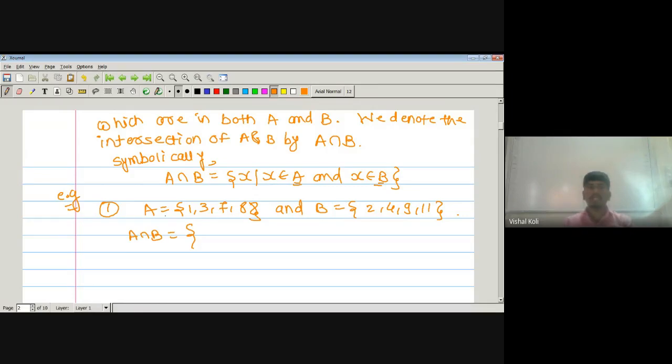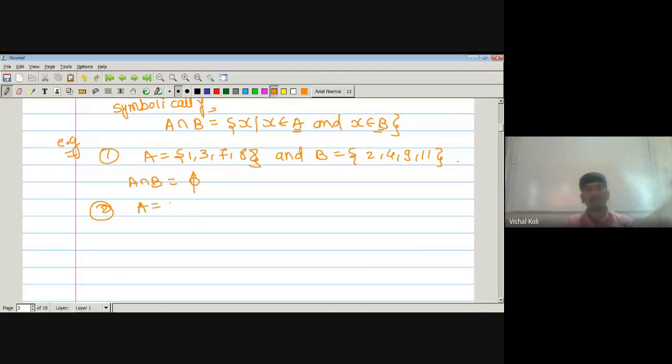The elements in A are 1, 3, 7, 8, but none of these four elements belongs to B. Similarly, B contains four elements 2, 4, 9, 11, and none of these belongs to A. Therefore, A intersection B contains no element. As there is no element, it is a null set, denoted by phi. So if A and B are any two disjoint sets, then their intersection will be empty.